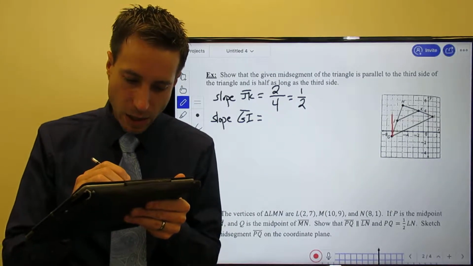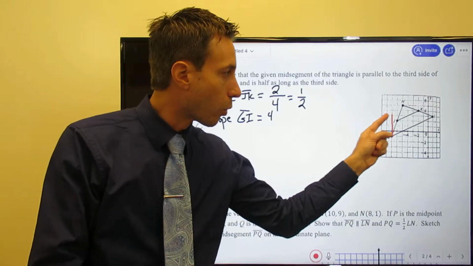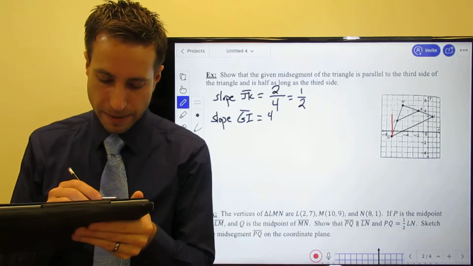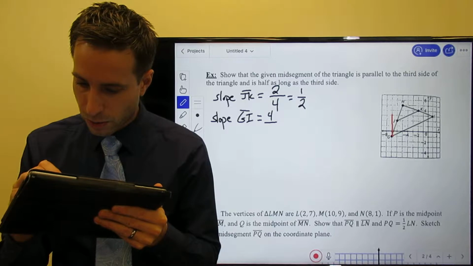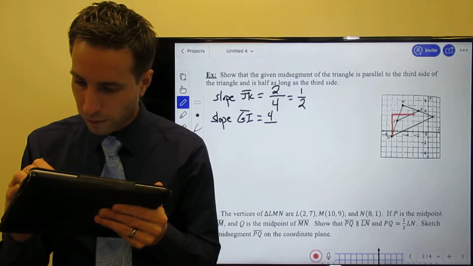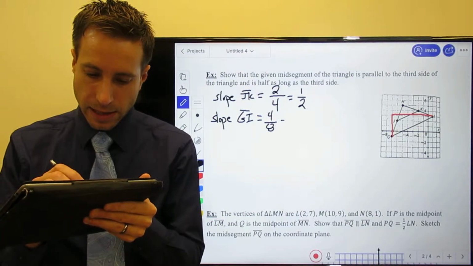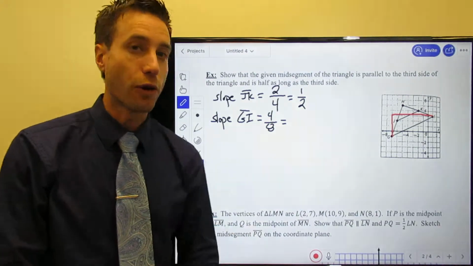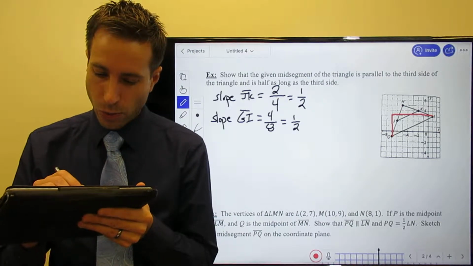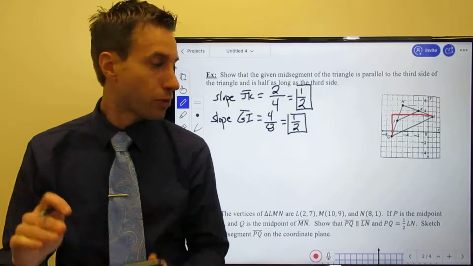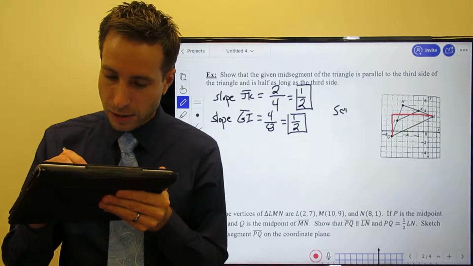It looks like I had to go up positive 4 to get from G up to a horizontal line that runs through I. Then it is rise over run, so let's count our run. 1, 2, 3, 4, 5, 6, 7, 8. I get 8. And yep, just like that, 4 over 8 will reduce to 1/2. So here's what we find. We find that both JK and GI have the same slope.